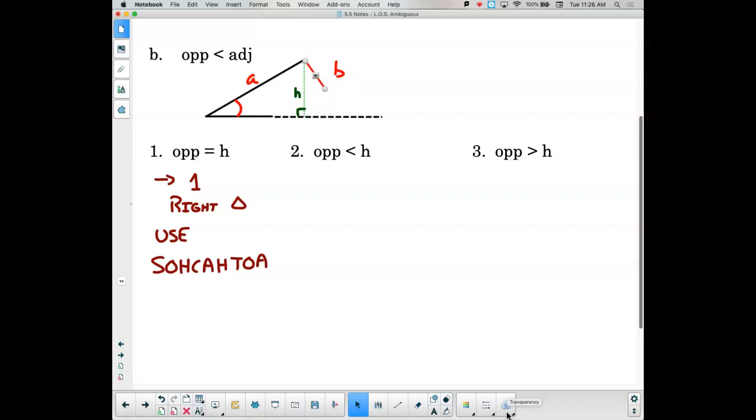If my height is longer than my opposite side, so I'm in this scenario where my height is longer, how many triangles do I have? None.